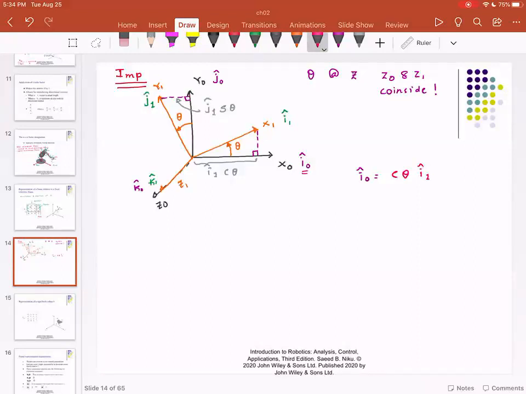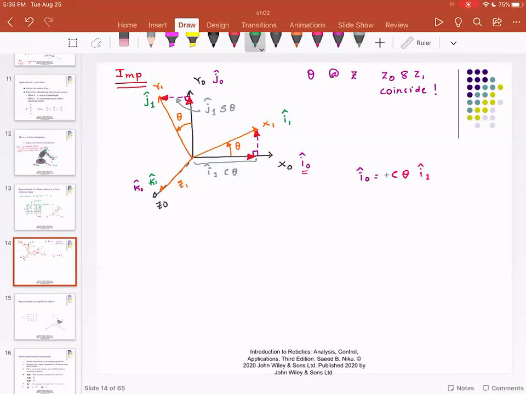But check this out. I need to be consistent with the direction. Since x1 is the resultant, I will have my vector arrows as shown here. So the direction of i1 cosine theta is in the same direction as i0, so I will have a positive sign.